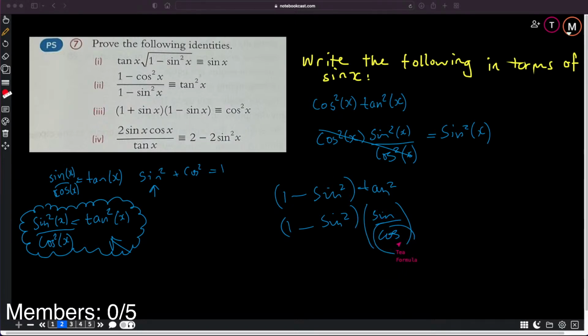So really, if you're going to switch out cosine for something with sine, you're going to need the equation that switches the two, something like that. And if that's not the case, then look for cancelling.